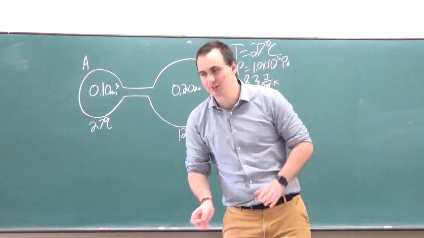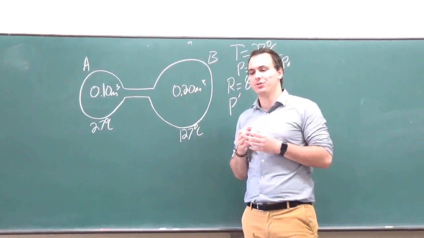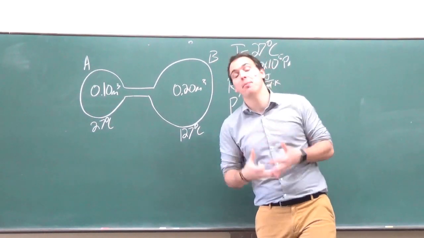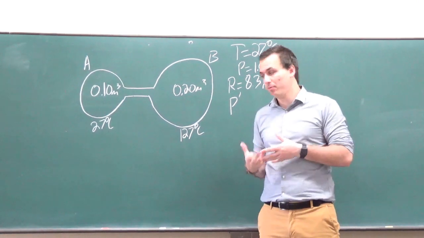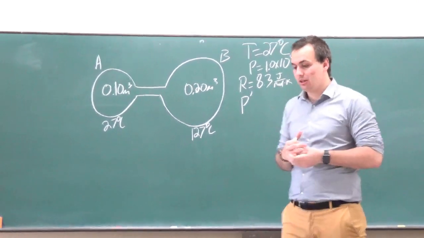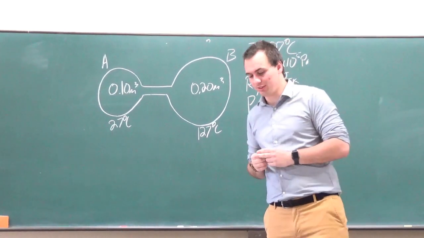In order to do this, I think the most effective way is to count the number of molecules on each side before and after. This will help us solve both parts at once.